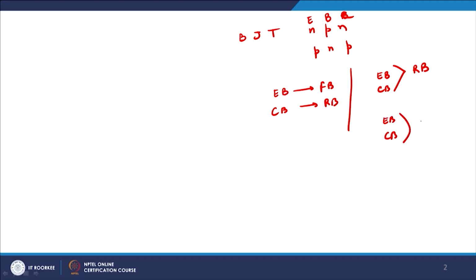If you want the device to be operating in the saturation region or in the triode region, you require the emitter base junction to be forward biased, right, and the collector base junction should be reverse biased. If you want it in cutoff, then the emitter base as well as the collector base should both be reverse biased, right. If you want it to work in the active region of operation, then the emitter base and the collector base should both be forward biased. This is your saturation region of operation, right.